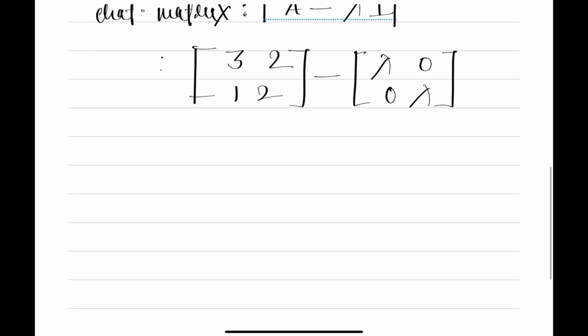We can write directly [3 minus lambda, 2; 1, 2 minus lambda].